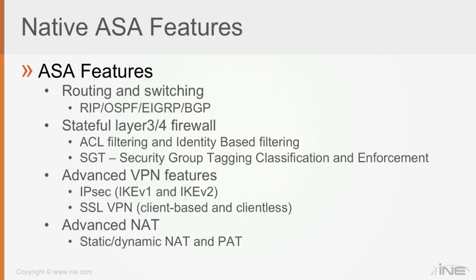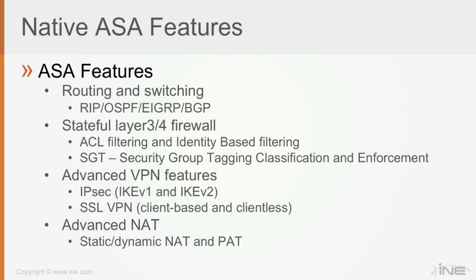It is clearly a very good stateful Layer 3, Layer 4 firewall, which means we can do the regular ACL filtering, where we can have either interface-based ACL filtering or the global ACL.